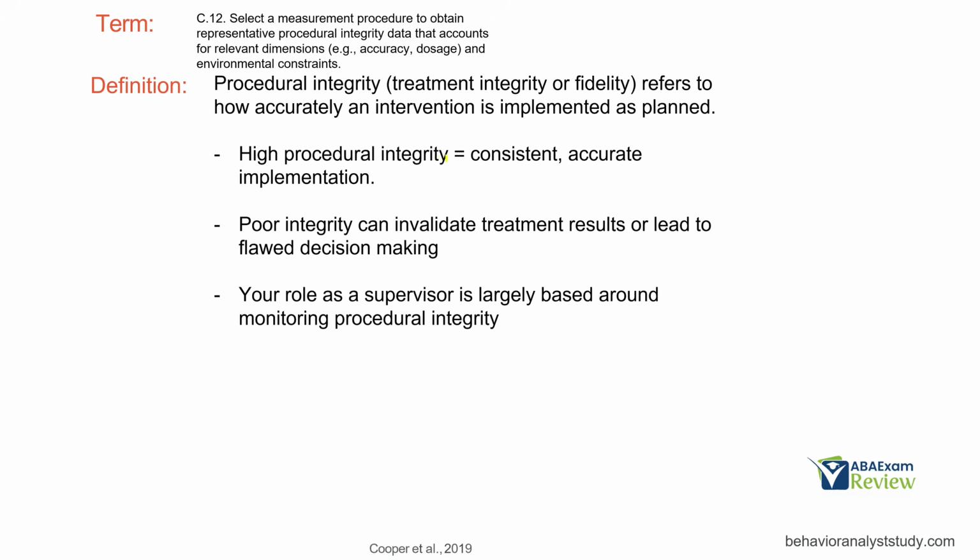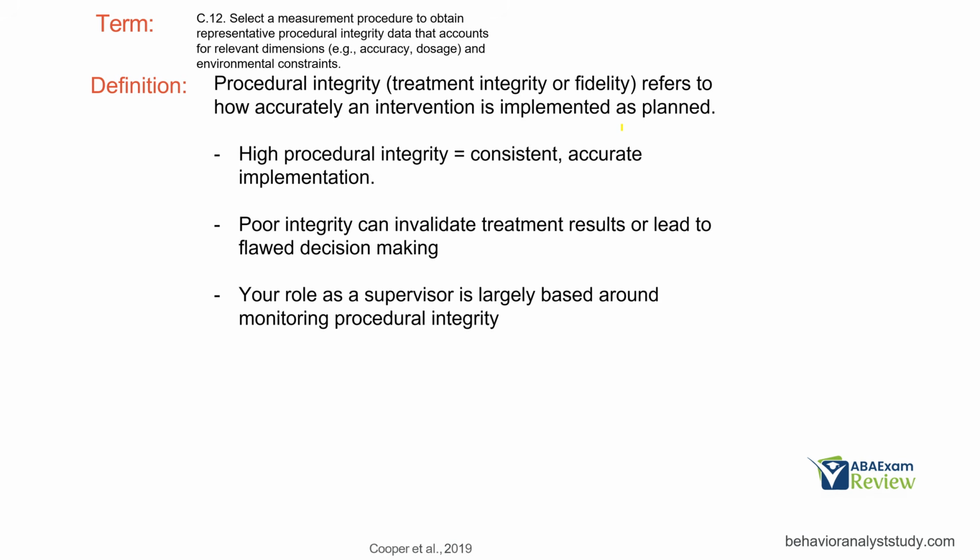So procedural integrity or treatment integrity or fidelity, all these terms refer to how accurately an intervention is implemented as planned. When we talk about observer drift or bias or treatment drift, all these terms are regarding the longer our intervention goes, the more likely it is that something is going to change along the way.